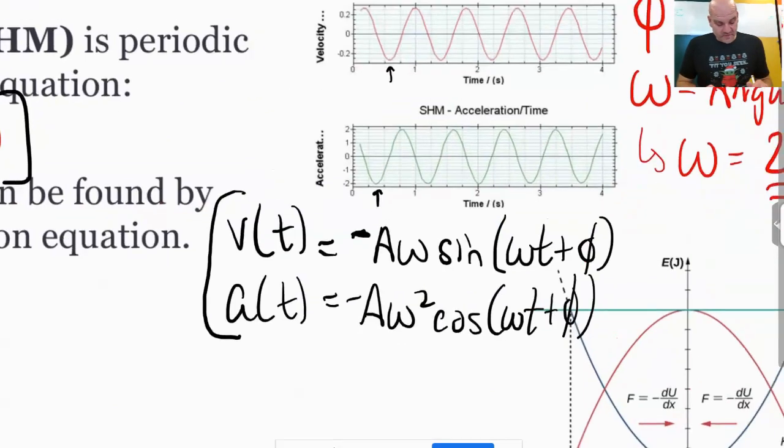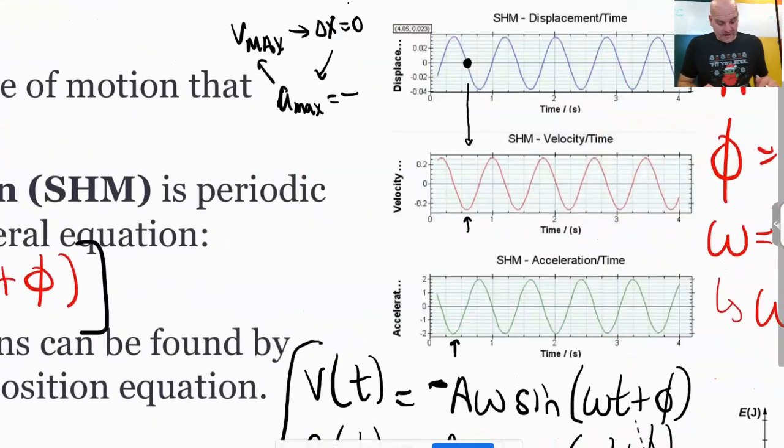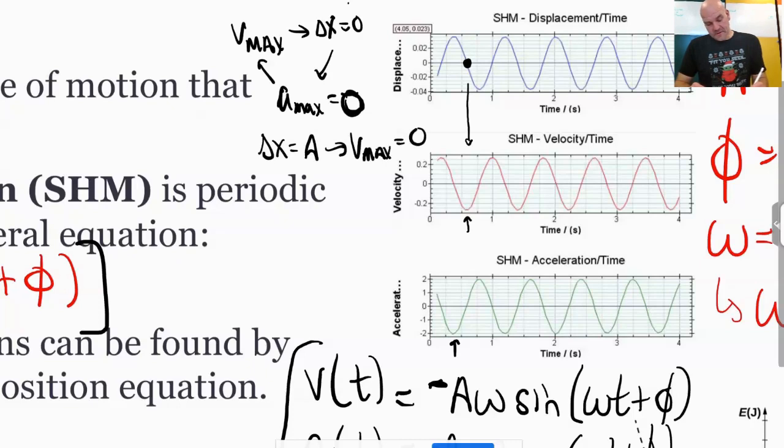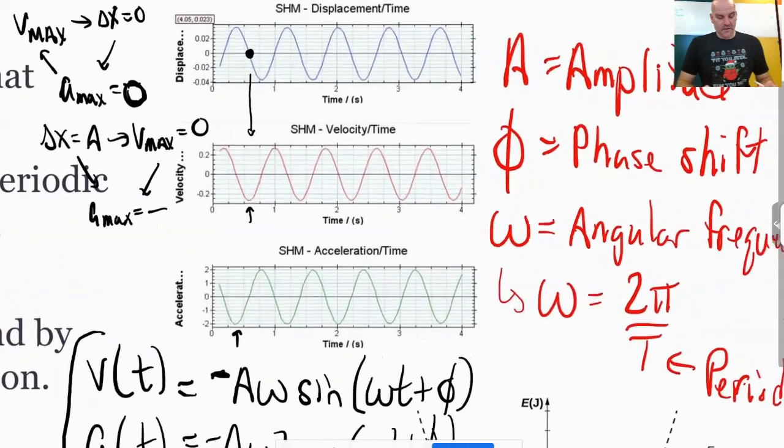When displacement is 0, A is equal to 0. And then when you flip it and look at when you're at max displacement, so when x equals amplitude, your V is 0, and your A is a negative maximum value, because it wants to restore it back to go the other way.